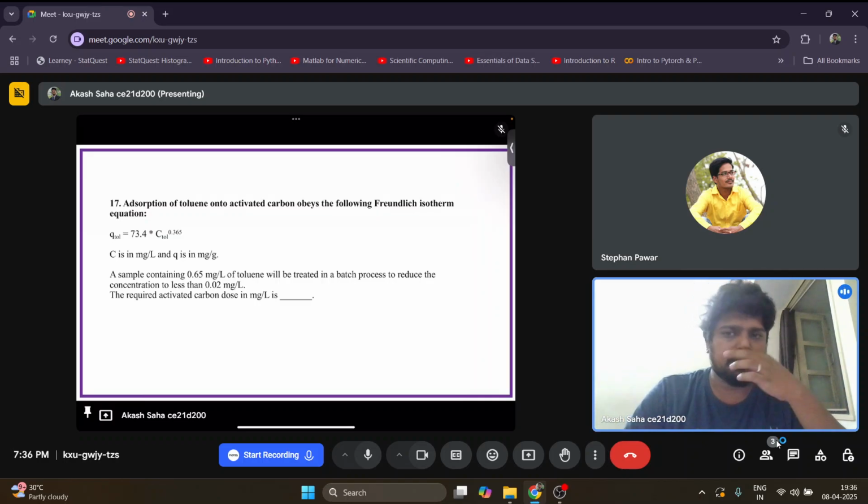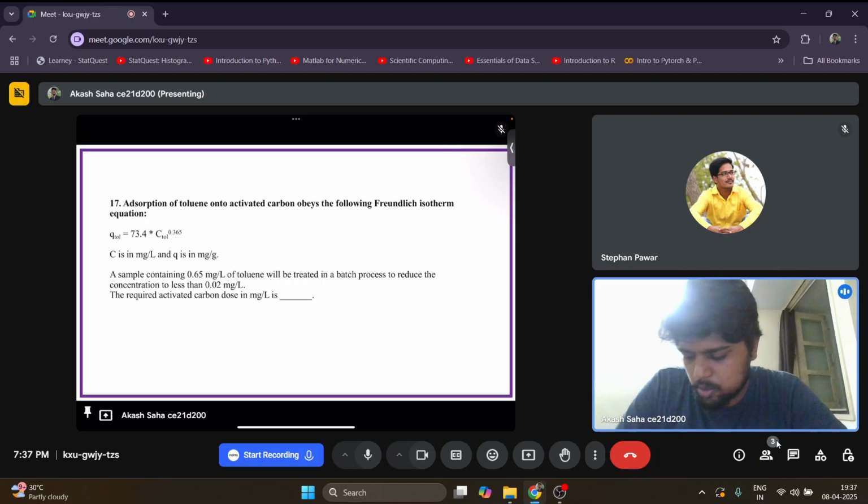So that is the adsorption capacity. A sample containing 0.65 milligram per liter of toluene will be treated in a batch process to reduce the concentration to less than 0.02 milligram per liter. What is the required activated carbon dose in milligram per liter?